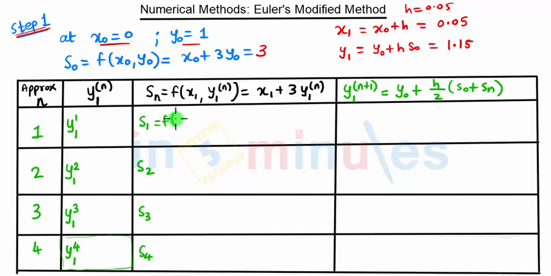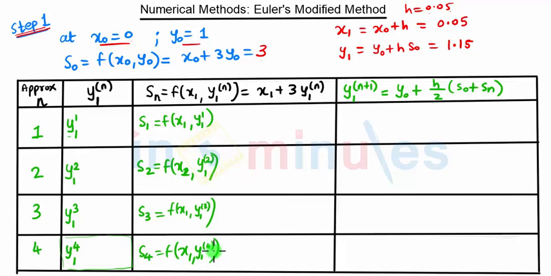So it should be f of x1 comma y1 of 1, that is this y1. f of x1, remember here we have only x1, f of x1 comma y1 of 2. Here we have f of x1 comma y1 of 3, and here we have f of x1 comma y1 of 4. So these are the basic steps. So what is this y1?